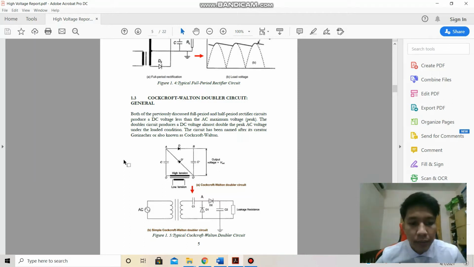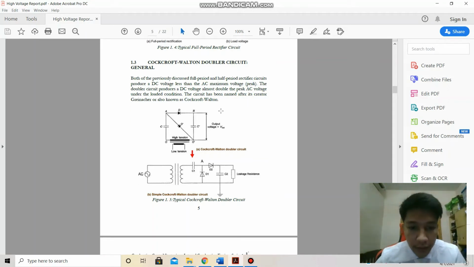The doubler circuit produces a DC voltage almost double the peak AC voltage under the load condition, and the circuit has been named after its creator, Greinacher, also known as Cockcroft Walton.